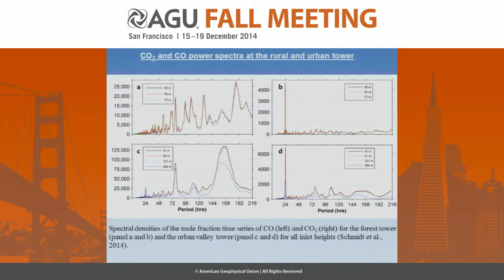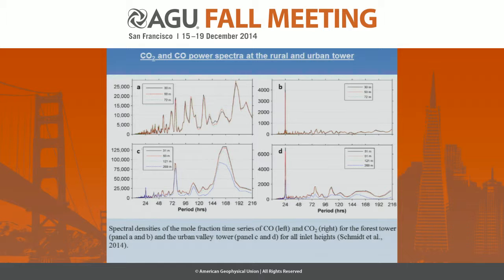We can see that in our tower data, the power spectra of carbon dioxide and carbon monoxide. The upper panels A and B show the time series from the Walton Tower, so in the fir forest, and panels C and D from the Silverton Tower or urban tower. Panels B and D show the power spectra of carbon dioxide, and we clearly see the diurnal cycle of release and uptake by the biosphere here, as expected.